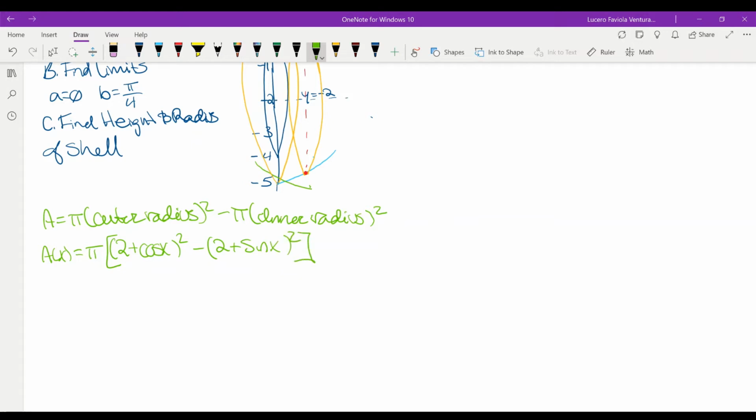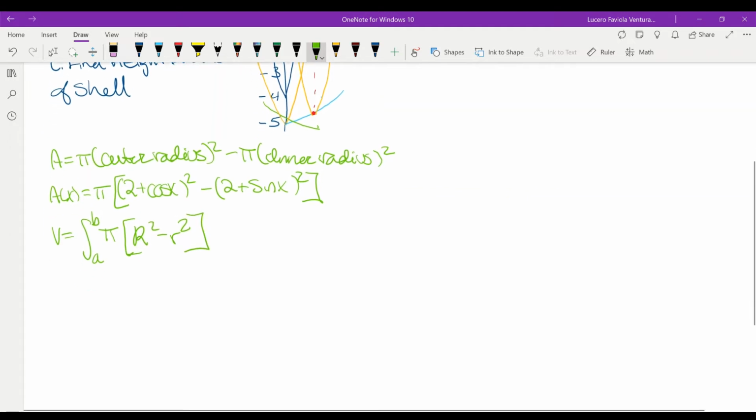And then, because we're working with volumes, our equation for volume in this case is the integral from A to B of pi times big R, so our outer radius squared minus our little r squared, our inner radius, dx.